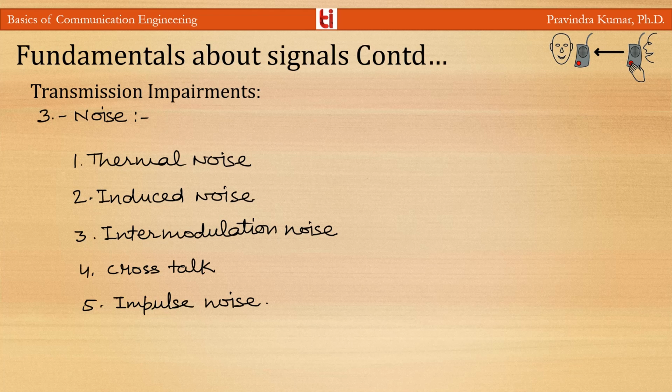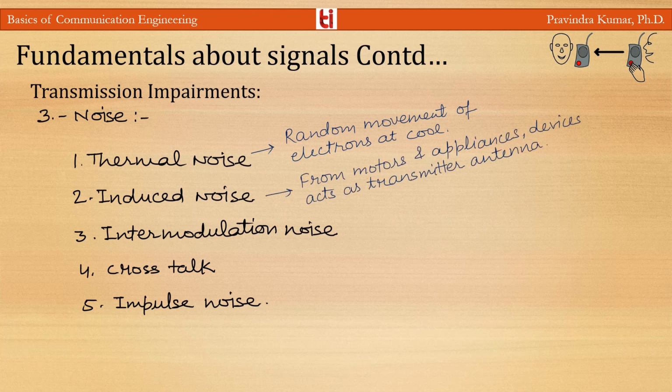Random movement of the electrons in a conductor leads to thermal noise. This noise in a wire creates an extra signal. The induced noise comes from motors, appliances, and devices, which act as a transmitter antenna, and the medium acts as a receiving antenna.